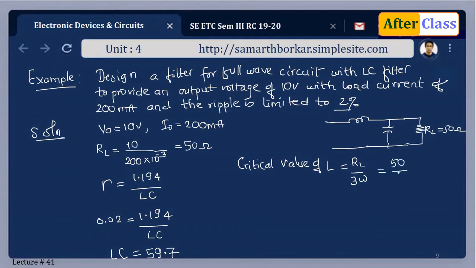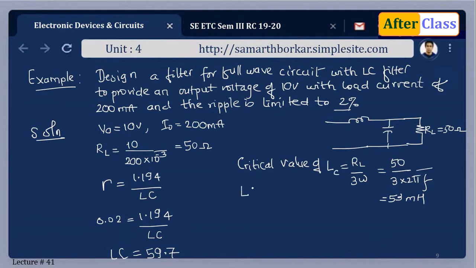RL is 50 and 3 into 2 pi F is 50, so it is 53 millihenry.